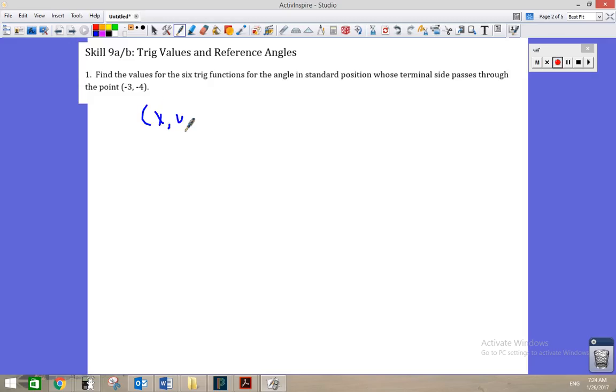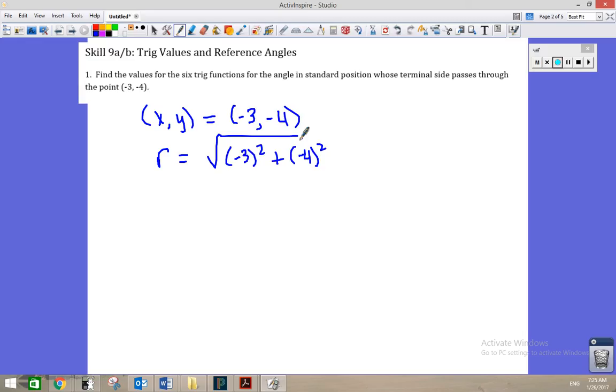The x and y are -3, -4, and r is the square root of -3 squared plus -4 squared, and that's 5. This is your familiar 3, 4, 5 triangle. The sine of angle theta is the y coordinate divided by r, so that's -4 over 5.